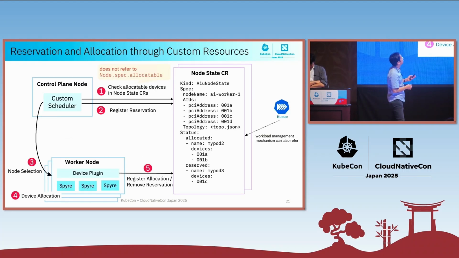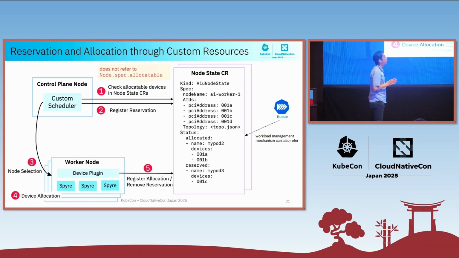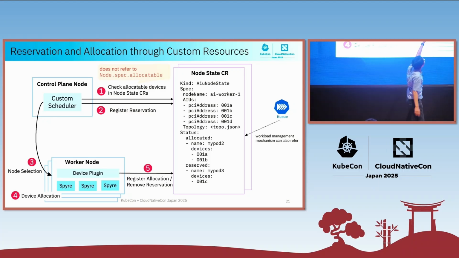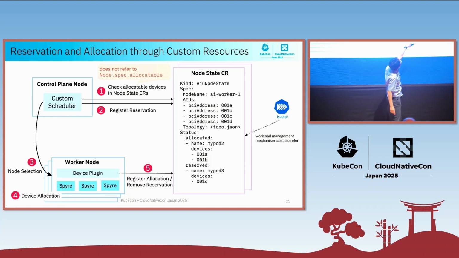Okay, this is the process to allocate the device to a workload, pod. So at first, a custom scheduler checks the custom resource, which is called node state. It not only contains the AI device situation, but also topology and allocation status or reservation status.